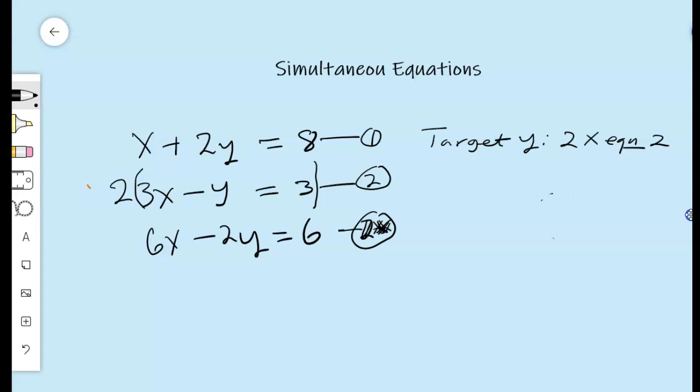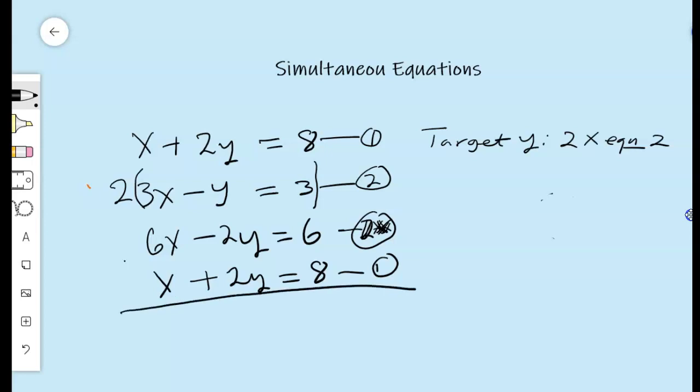We can write down this equation 1 here. Then we can add it. So here becomes 7x. The y goes away, becomes 0. And here becomes 14.